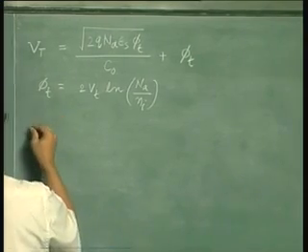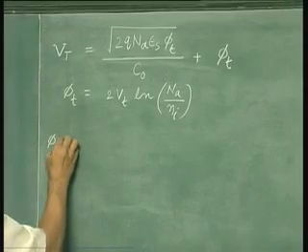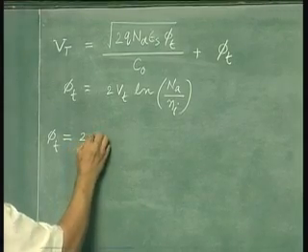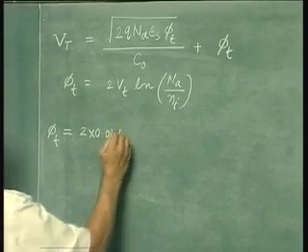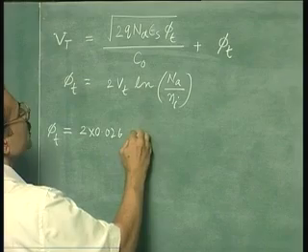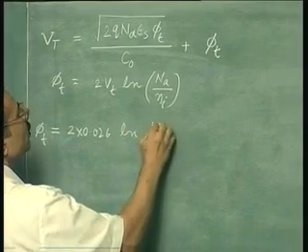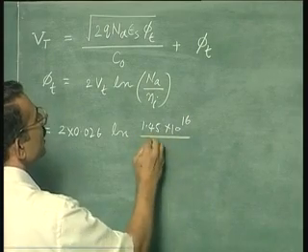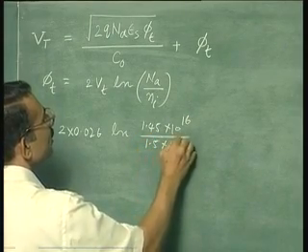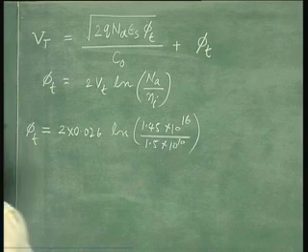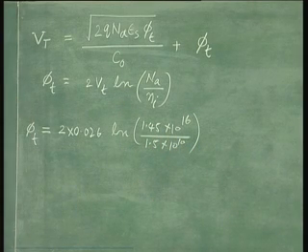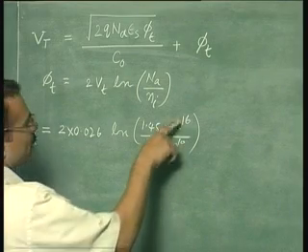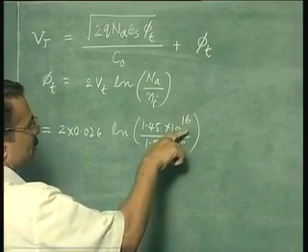Let us calculate phi t first. Phi t at 300 K is 2 into 0.026 volts into logarithm of 1.45 into 10 power 16 divided by 1.5 into 10 power 10. Now use your calculators. You find that this is approximately 10 power 6.